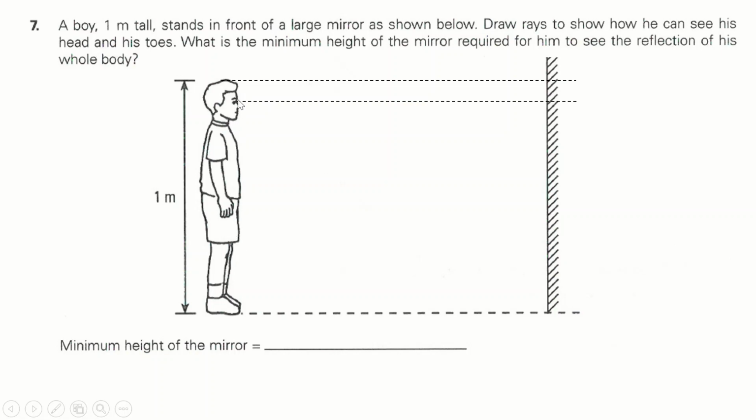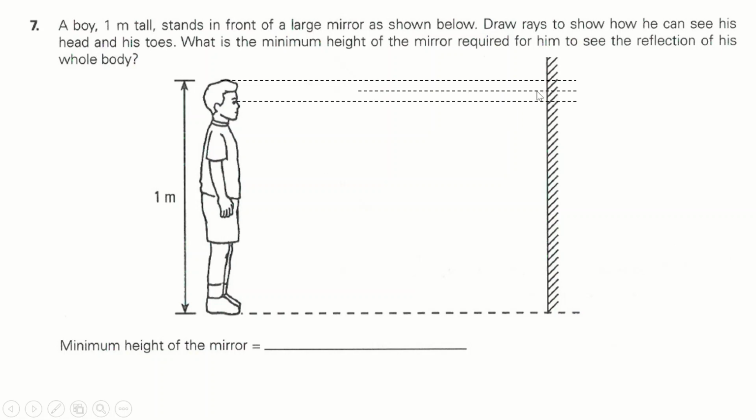So above his eyes, what does he see? You are right, he sees from the top of his head, and from below his eyes, he will see to his feet, right? So just looking at above the eyes, if I have an incident ray and a reflected ray, you are right, it should meet exactly at the center.